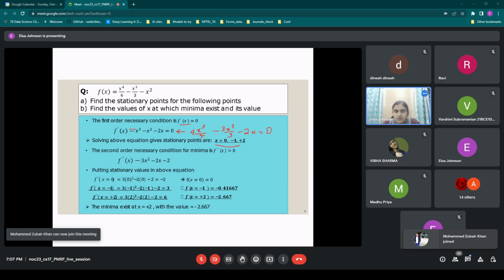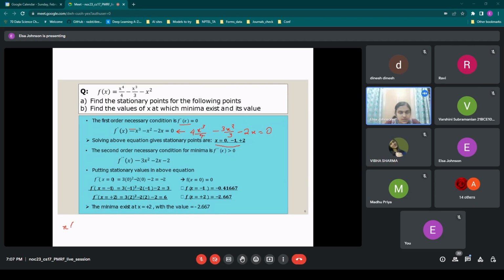The first one, how can you solve this one? Is it fine for everyone, or should I solve this one? Okay, so I'll just immediately do it.